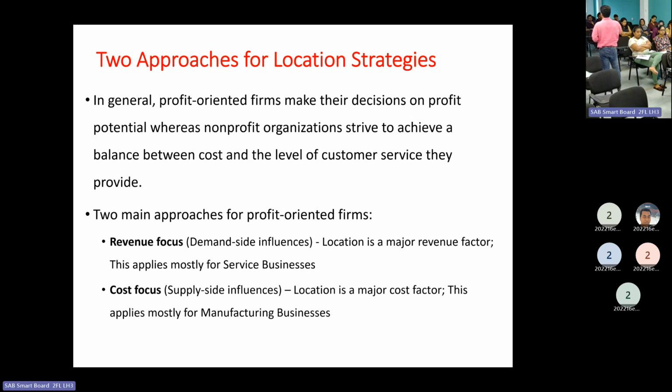Some businesses will decide the location based on the revenue side, the market, the size of the market, and various other market related factors, because location is a major revenue factor. Depending on the location, the revenue may vary, and this is mostly applicable for services, but somewhat applicable for some manufacturing firms also.